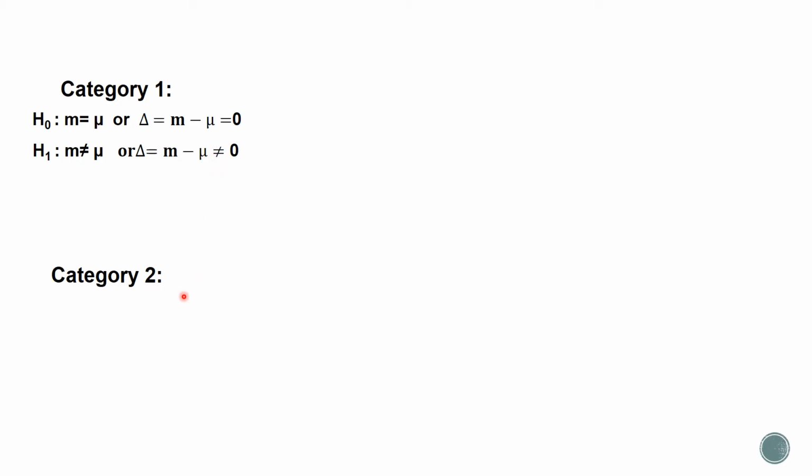Let's move on. In the second category, we are trying to compare different sample population results using samples from these particular populations. For example, let's say we want to compare the mean ages of population 1 and population 2, say the African population and the European population.